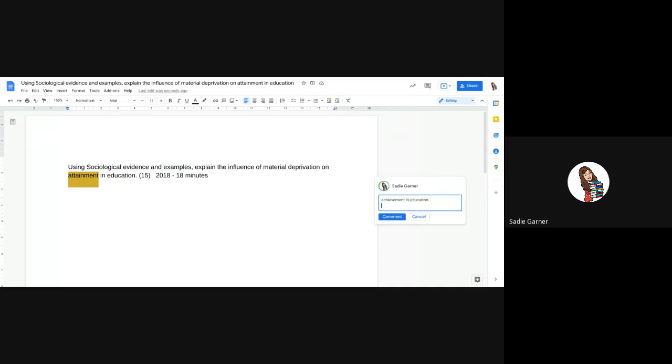So the influence of material deprivation. So basically poverty. What influence or impact does poverty or material deprivation have on attainment or achievement in education?